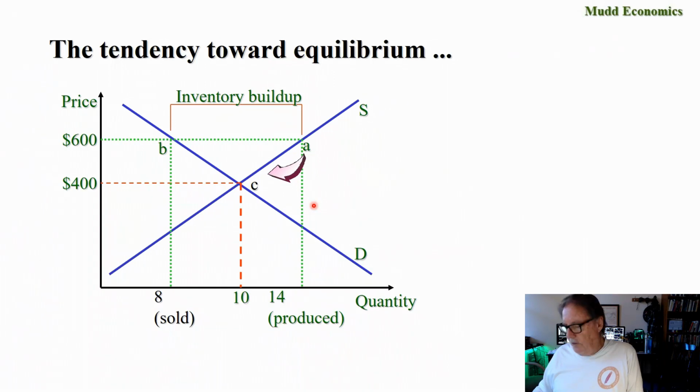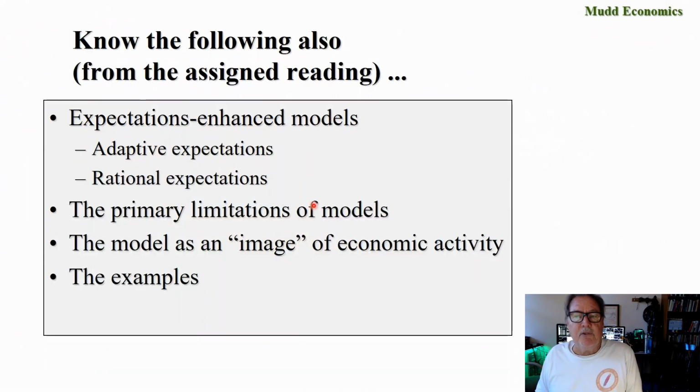Now, for the reading and for purposes of the examination, I want to make sure that you understand these following concepts, because aside from this, I don't talk about them at all in the class. I go straight into the models. I go to some pains to talk not only about expectations enhanced models and why they're so robust, because you don't understand much about modern economics unless you understand the role played by expectations.